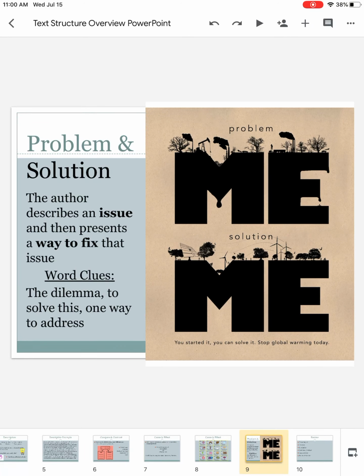Sometimes when discussing problem and solution, an author will explain to us potential effects of the solution. So they'll say, here's the problem, here's one way we could address the problem, but it might have these side effects as well. So that's one of the ways in which we can see within perhaps an article or an essay or a book that the author is blending text structures, okay?